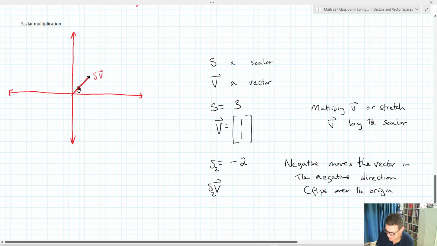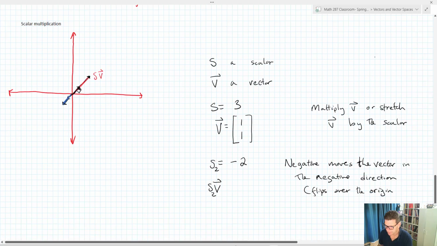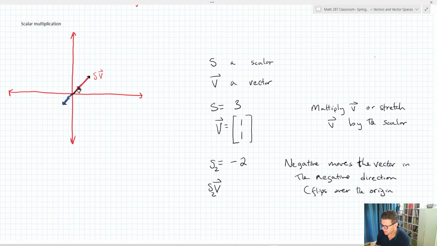What's going to happen is I'm going to start out with v, but then I'm going to flip it over the origin, right? Make it -1, -1, and then scale it by 2 in this case, okay? So flip and then scale. And so my new vector, let's make this one blue, is going to now be -2, -2. Okay, it's been flipped over the origin and then stretched by 2.